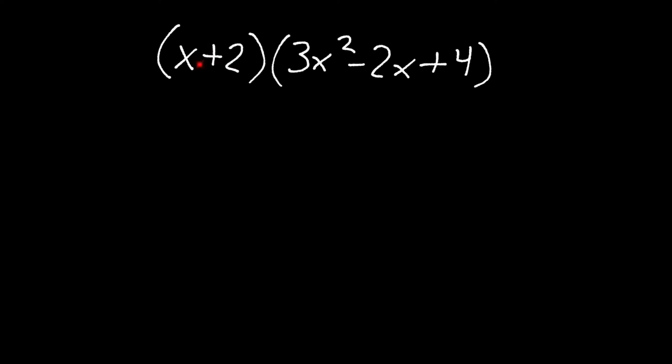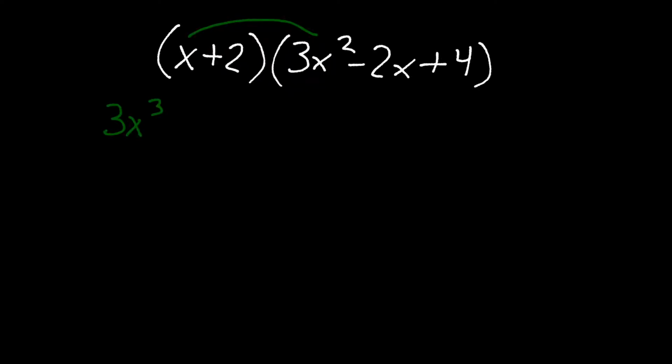First thing we're going to do is multiply the first number, x, times the first number over here, 3x squared. X times 3x squared gives us 3x cubed.